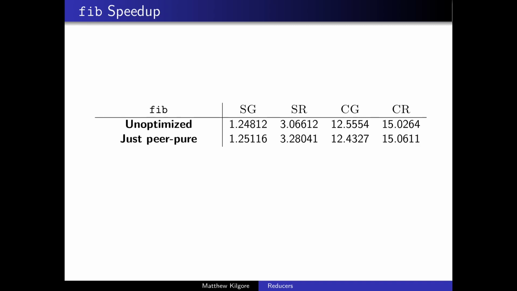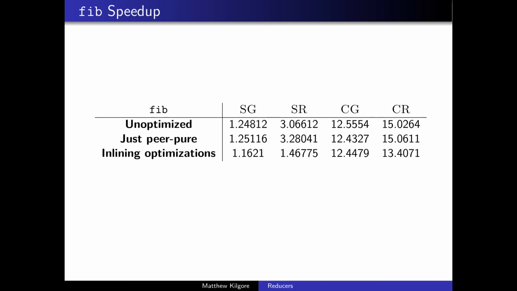And if you include pure, you really don't get any benefit at all. The reason is the optimization can't go past function boundaries. It's really great if you have a loop, but it's not so great if you have recursion.